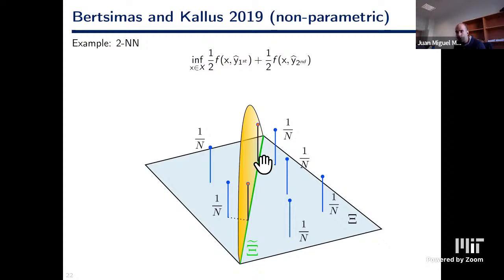And these 2 orange or red points constitute this conditional empirical distribution that we use as a proxy in our conditional stochastic program. This is the resulting surrogate optimization model, which is also a conditional stochastic program, but over a conditional distribution whose support is given by 2 points, the 2 points provided by the 2 nearest neighbors. Okay, so that's the idea basically.